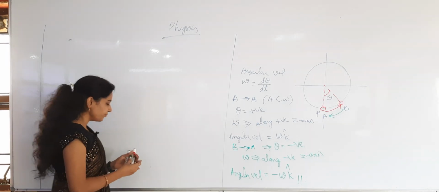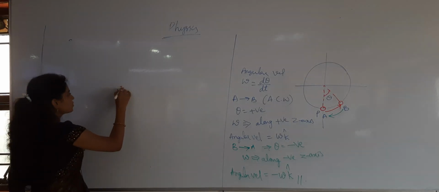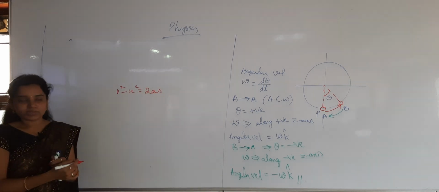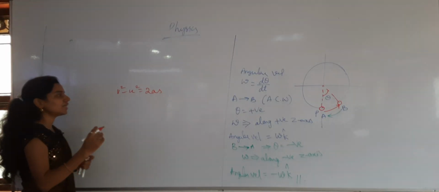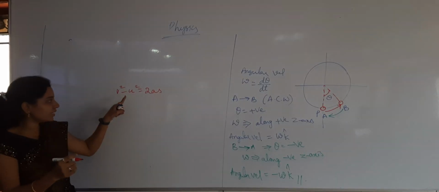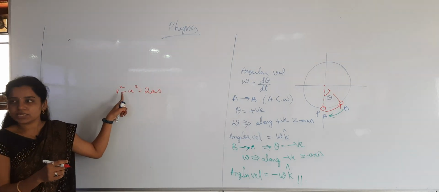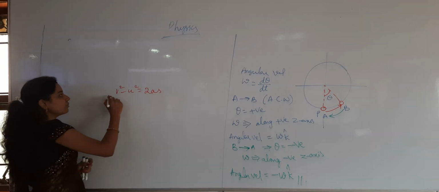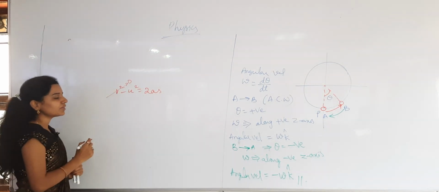For example, you already know the formula v square minus u square is equal to 2as, the general kinematical equation. Whenever the body initially has some velocity and finally becomes 0, v is the final velocity and u is the initial velocity. Coming to rest means the velocity is decreasing.